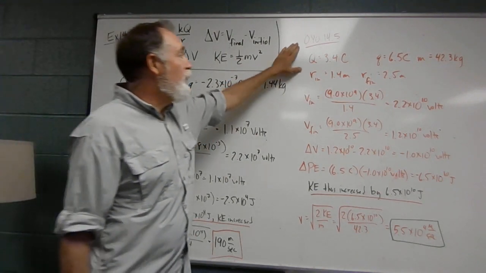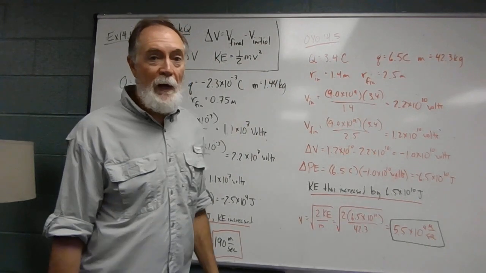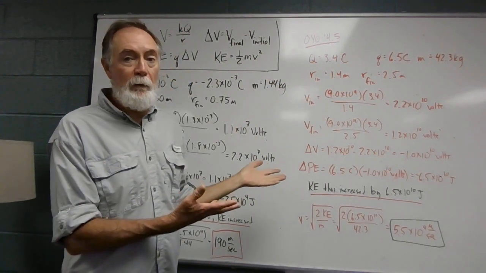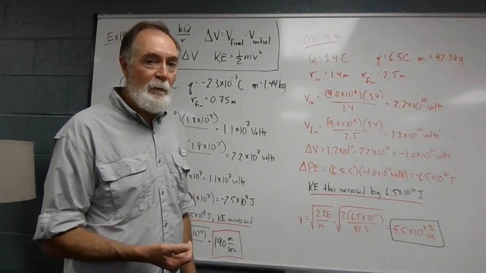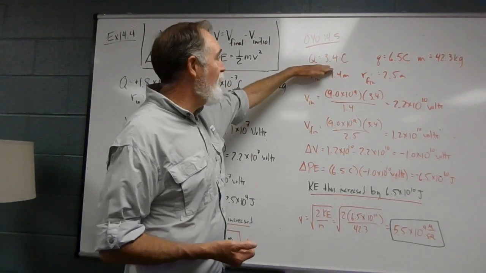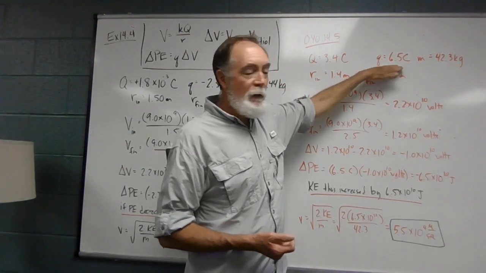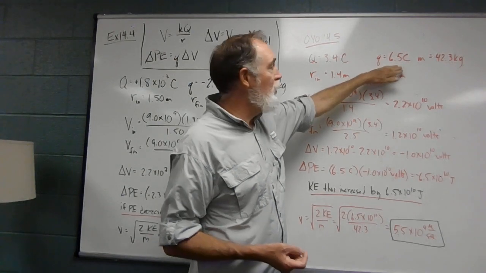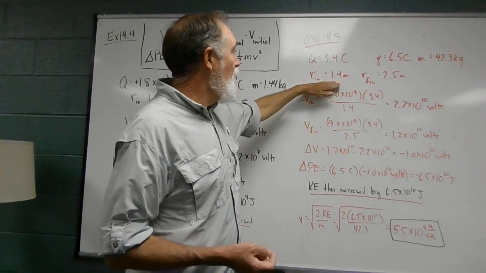All right, so similarly then, on your own, I know it's hard to read from the glare, 14.5, here's a good example, because you'll find something very similar to this amongst the problems that you have to do in the practice problems. So here is our criteria this time. We have a stationary charge of 3.4 coulombs positive, and a moving charge of positive 6.5 coulombs. Here's the mass of that moving particle.